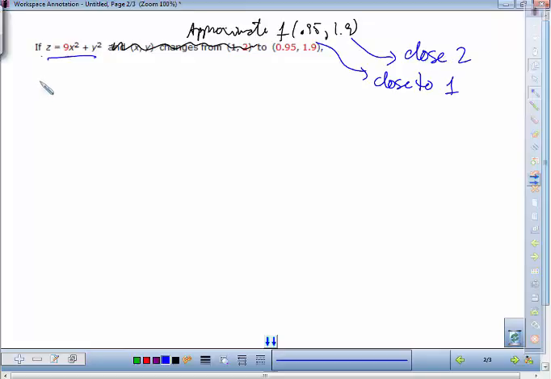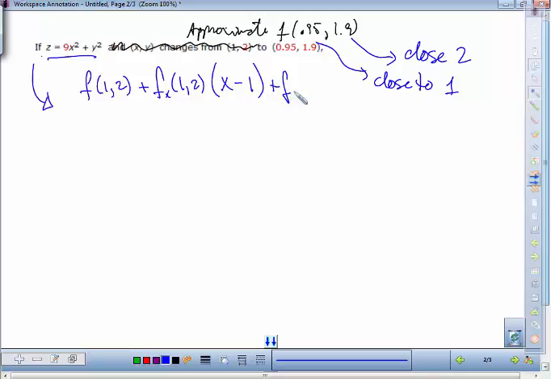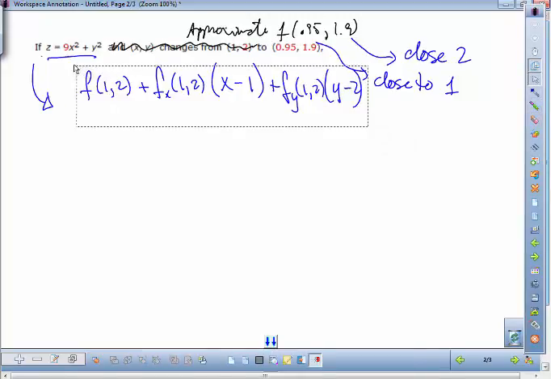So let's come up with our tangent plane, which is going to be our linear approximation. What do we need? We need a function evaluated at 1, 2. We need the derivative of the function evaluated at 1, 2. And then we're going to multiply that by x minus 1. And then we need the derivative with respect to y evaluated at 1, 2.